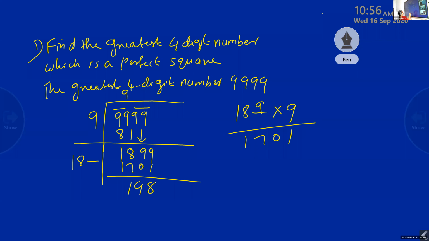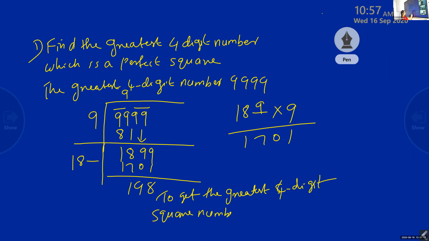So to get the greatest four-digit square number, we have to subtract 198 from 9,999, and it is 9,801.